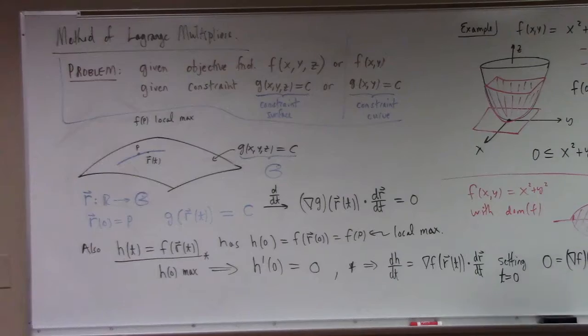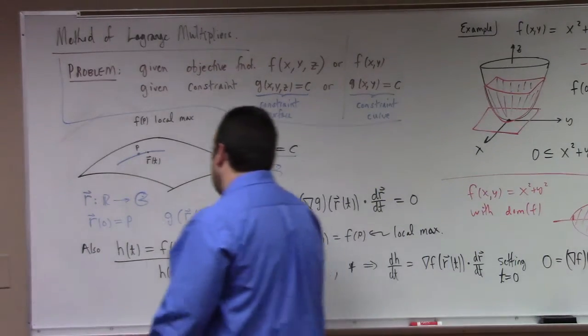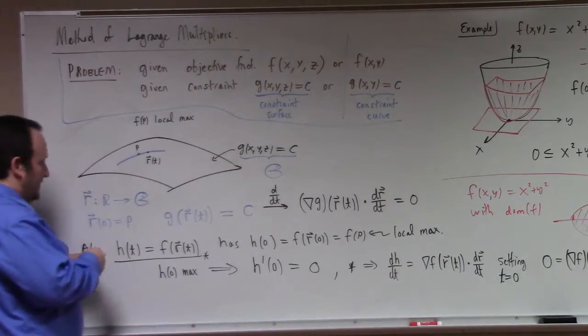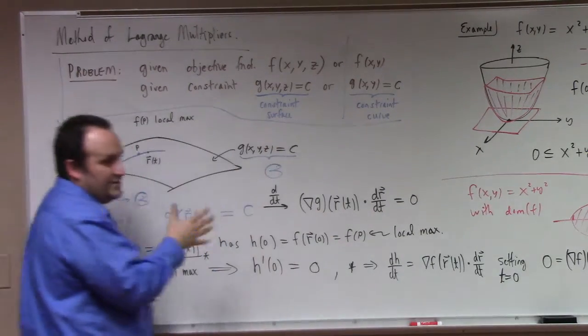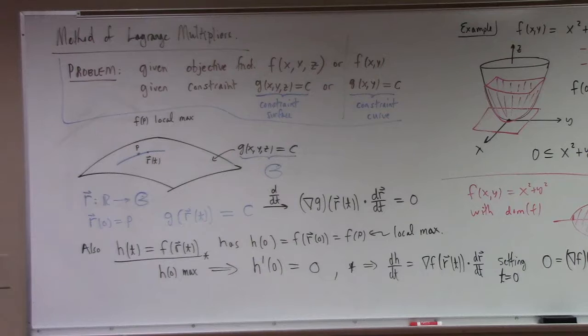at time 0, right? Now, of course, the gradient vector field to g is always perpendicular to the surface, and it's always perpendicular to tangent vectors to the curve at each point, right? That special point P, where the maximum is, well, it's perpendicular.